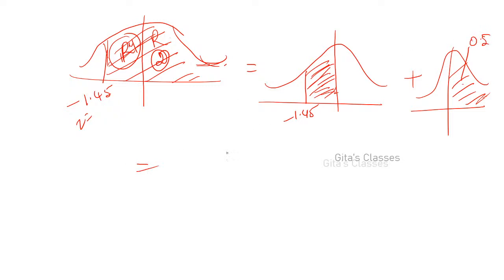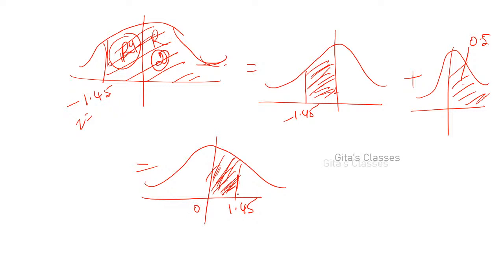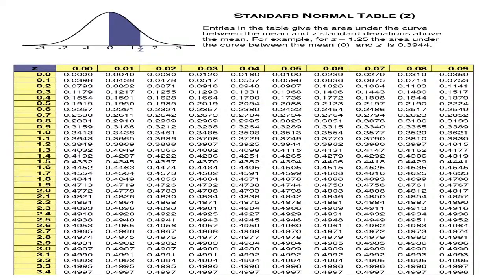And this can be written as z equal to 0 to 1.45, because whether it is in the left hand side or right hand side is not a problem, because it is symmetric about the line z equal to 0. So this is z equal to 0 to 1.45, plus 0.5 we know. Now 1.45 from the table, can you find out? 1.4 this side, and 5.